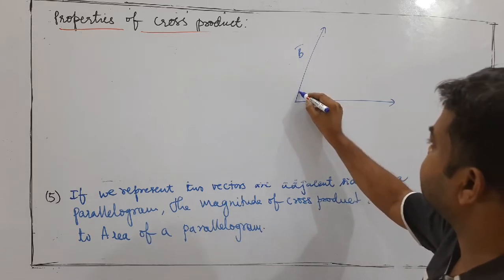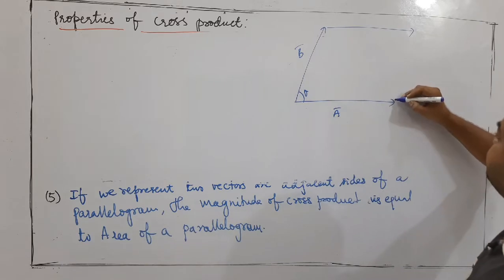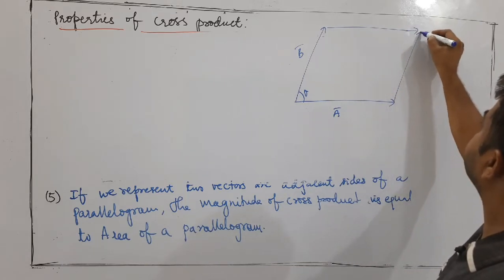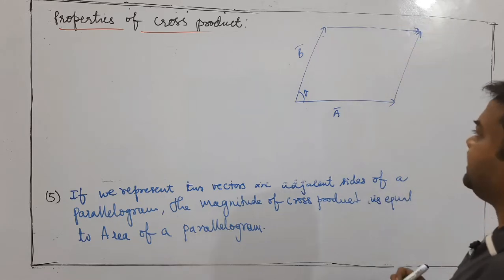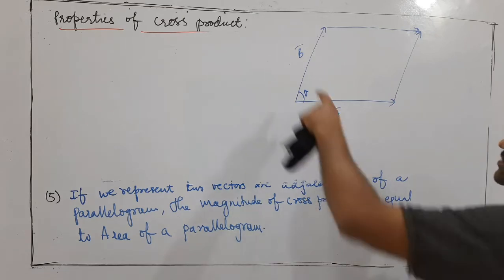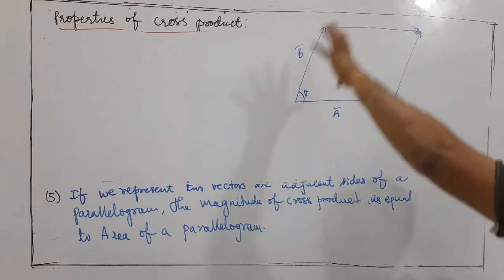Suppose this angle is theta, and these two are adjacent sides of a parallelogram. Like this, we have a parallelogram, with A bar and B bar. Then the magnitude of these two gives the area of the parallelogram.